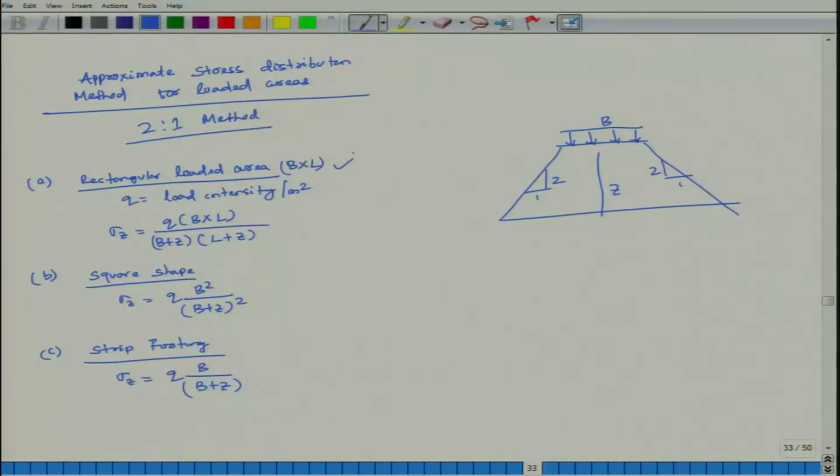Now, if you want to find it very quickly, what should be the method? An approximate method has been proposed, the 2:1 method. 2:1 means 2 vertical and 1 horizontal. Based on that, I have covered rectangular loaded area, square, and strip footing.